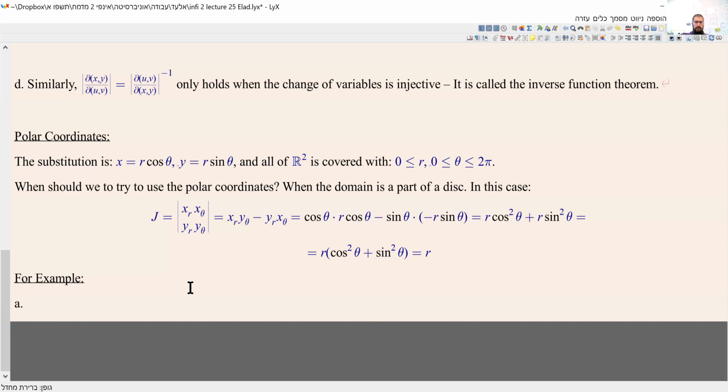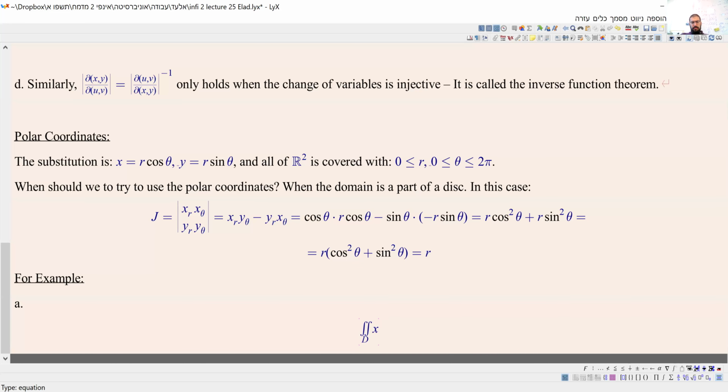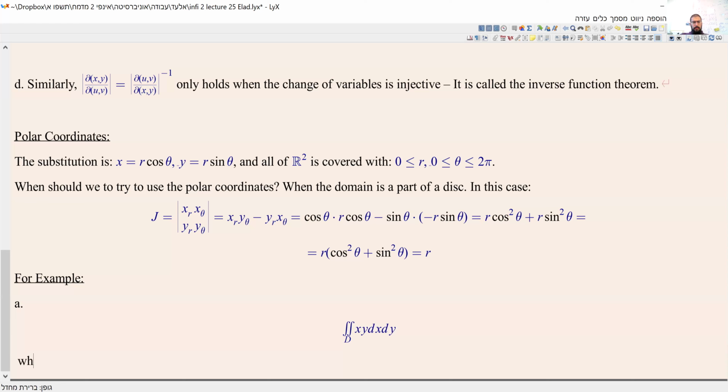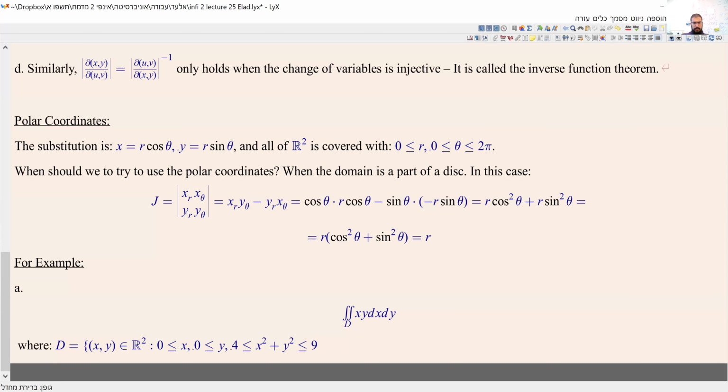So A. First of all, for A, let's calculate the following integral. The integral over D of xy dx dy, where D is all the points xy in the plane, such that x is non-negative, y is non-negative, and x squared plus y squared is bounded between 4 and 9.